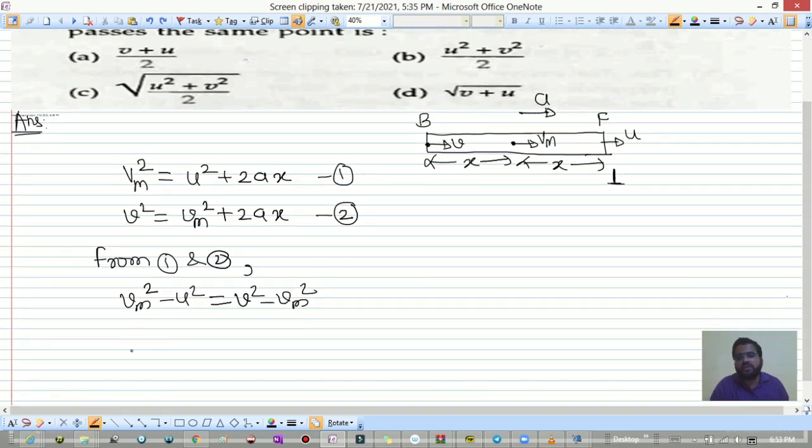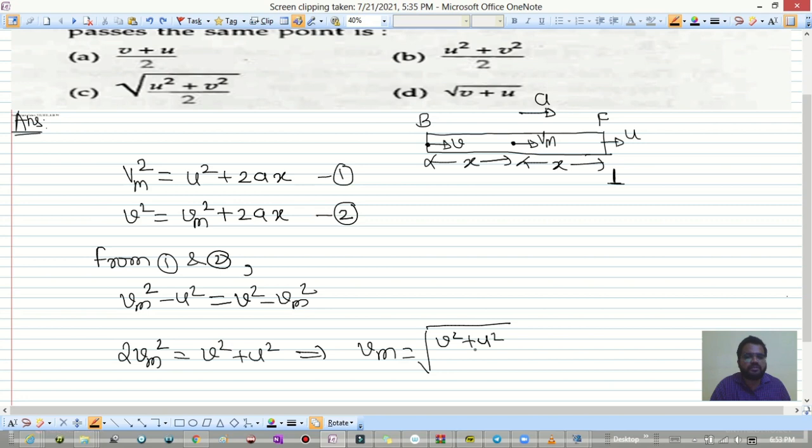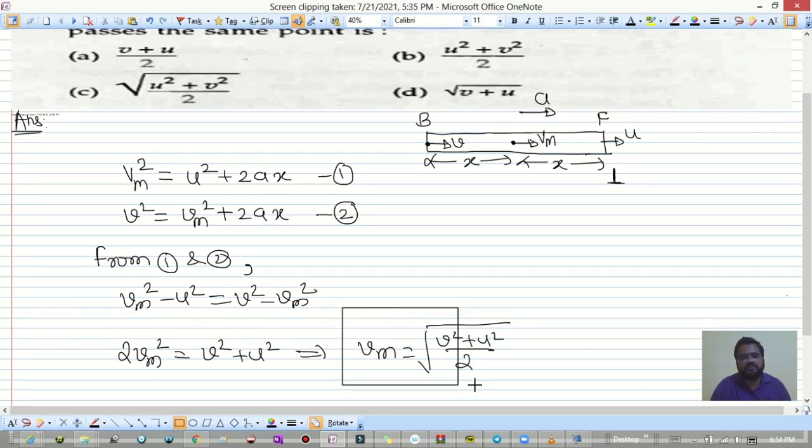We want the velocity of the middle point, so 2 vm squared is equal to v squared plus u squared. From this, vm is equal to the root of (v squared plus u squared) divided by 2. So that is the velocity with which the middle point of the train will travel.